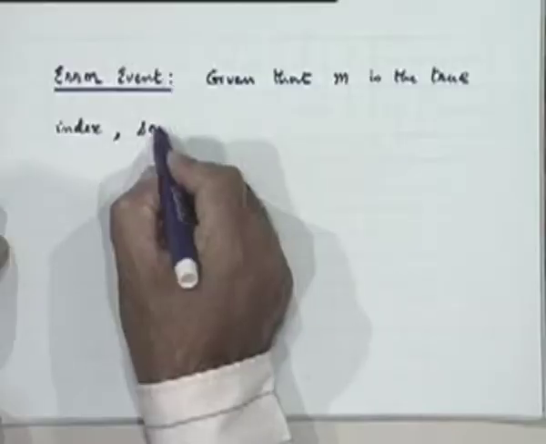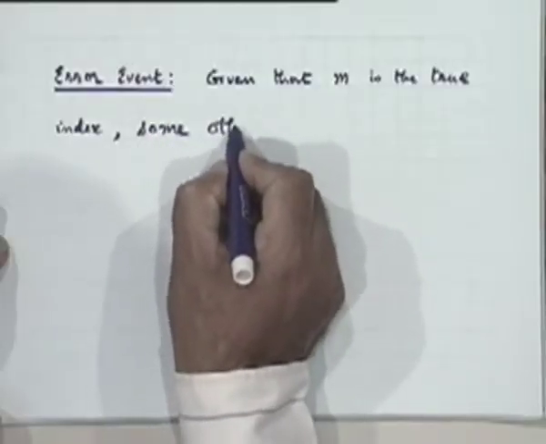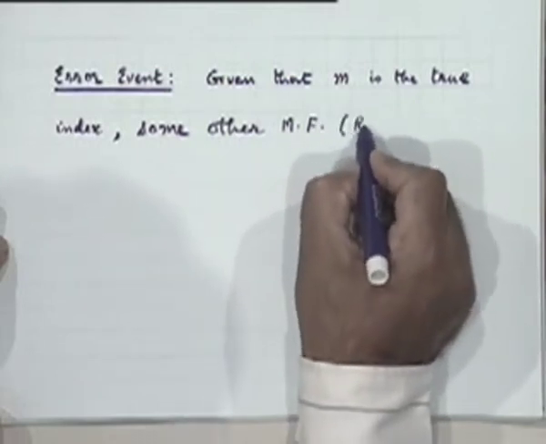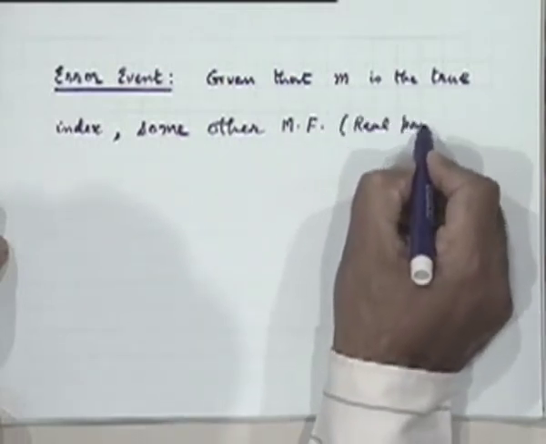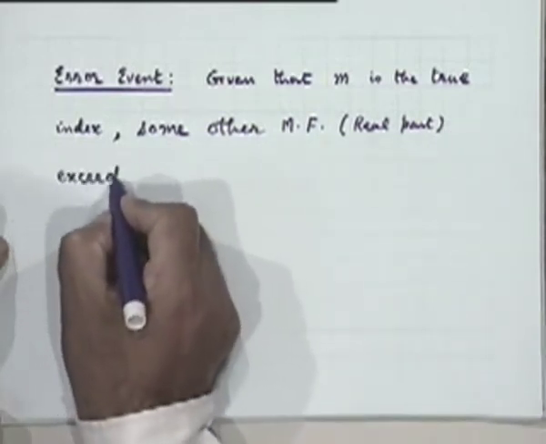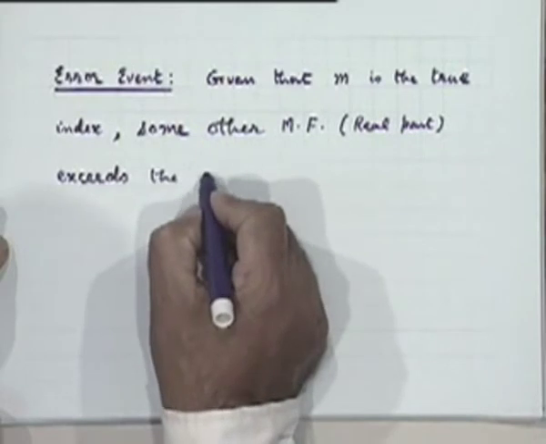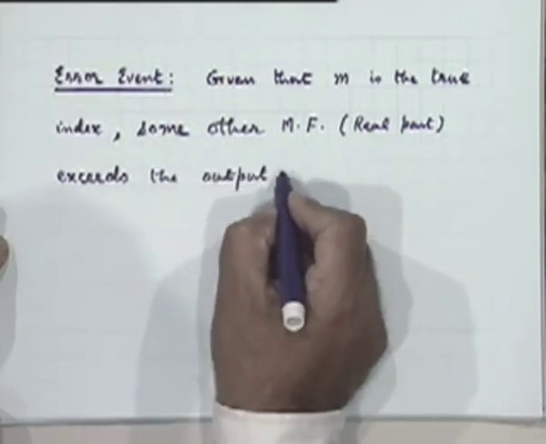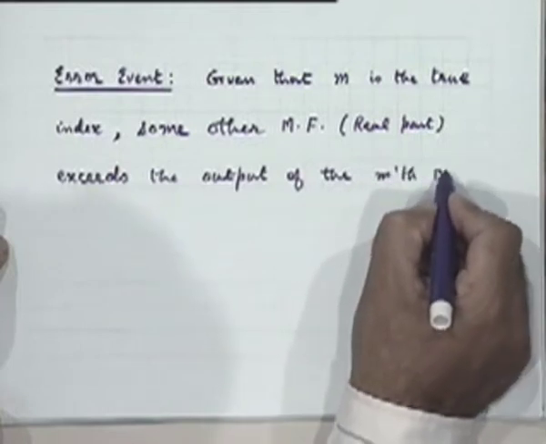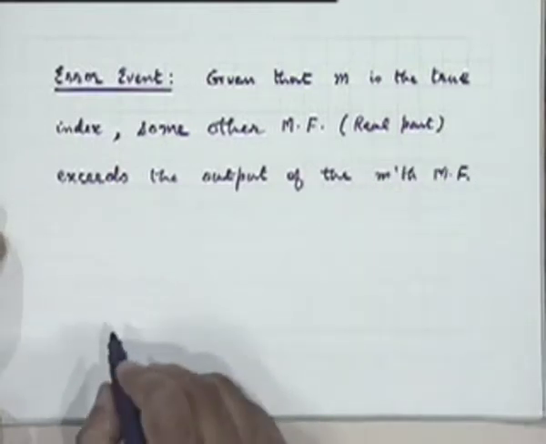So some other match filter output, actually the real part of that, exceeds the output of the mth match filter, right?